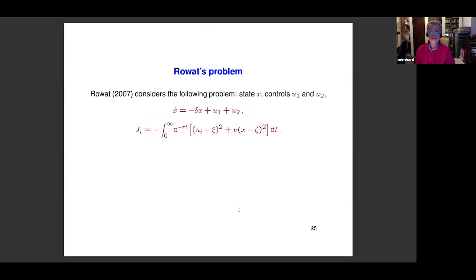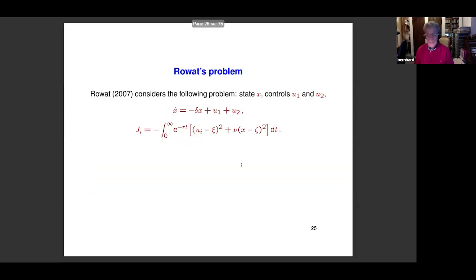But now let me say a word about the problem considered by Rowat in his 2007 article. His problem is this one, which I wrote here: x dot equal minus delta x plus u1 plus u2. And his criterion is G_i equal minus this positive integral that both players want to maximize again.